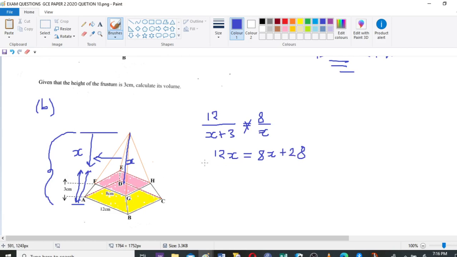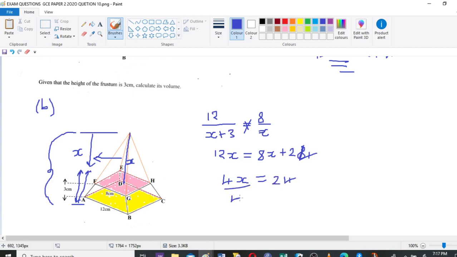Now subtracting 12x minus 8x gives us 4x equal to 24. This one is supposed to be 24 and not 28.